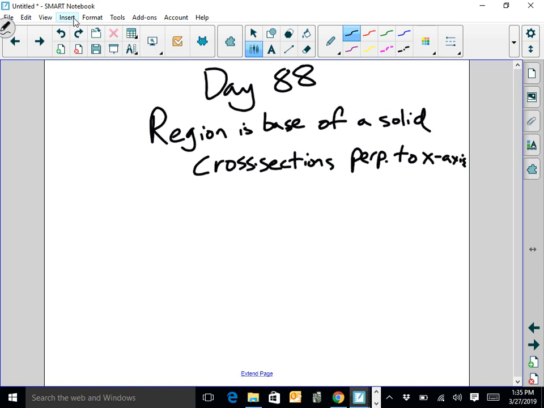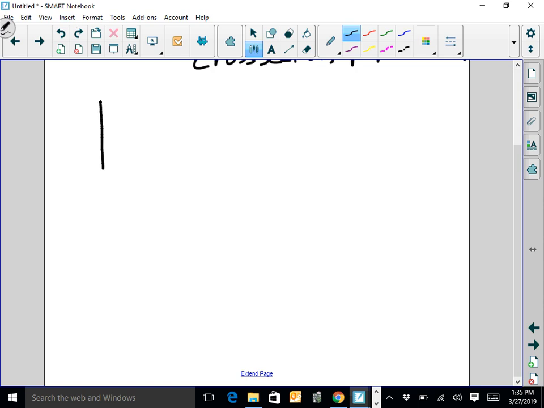Let's say we have an xy axis here. I'm going to try and illustrate what this looks like, and once we get the idea, we don't have to do quite all this sketching.